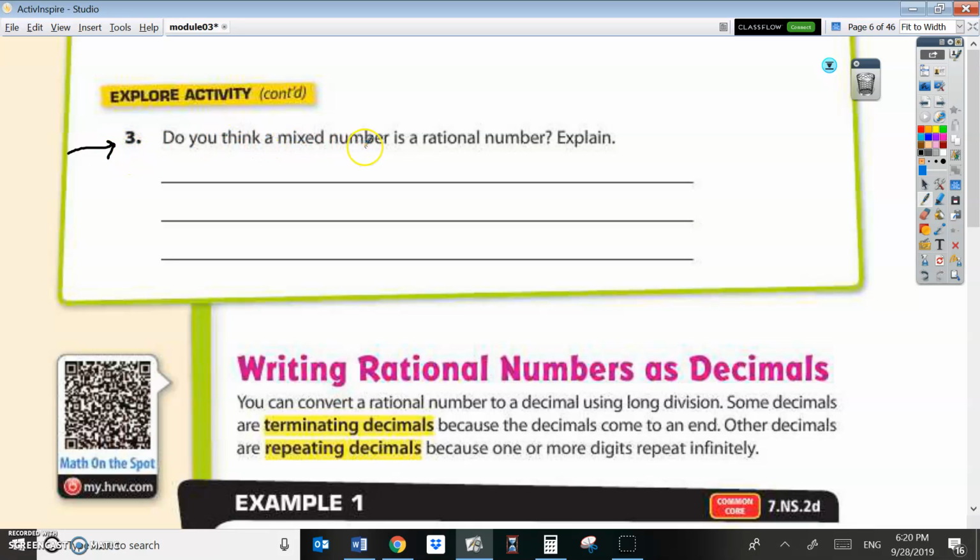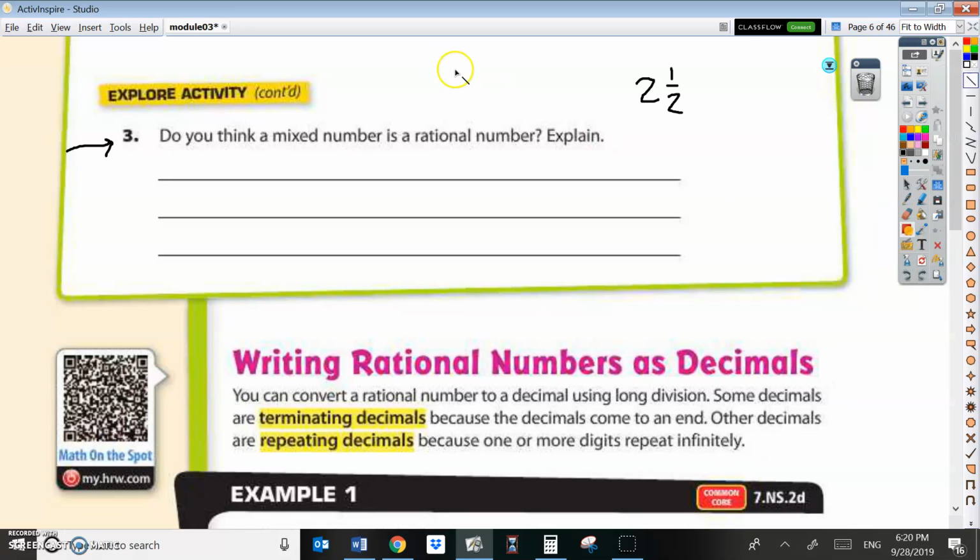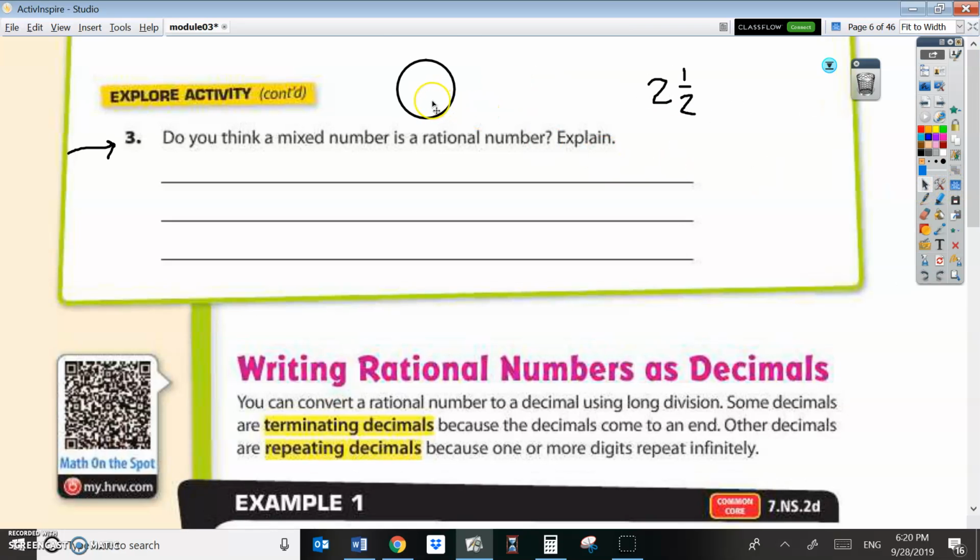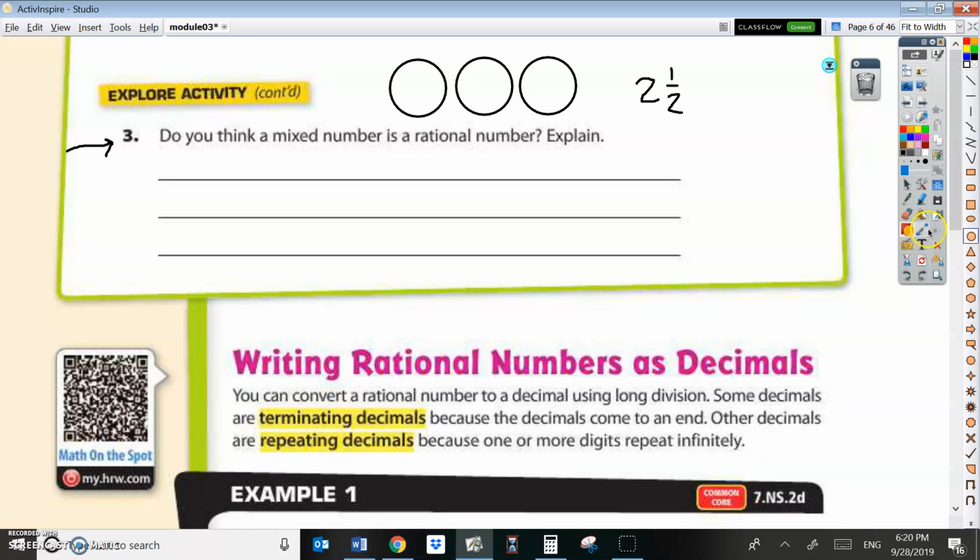Do you think a mixed number is a rational number? Explain. Well, 2 1/2 is a picture that would look like this. You've got a circle here and the same circle here. So that's 2, and then let's do 1/2. Let me make 1/2 there.